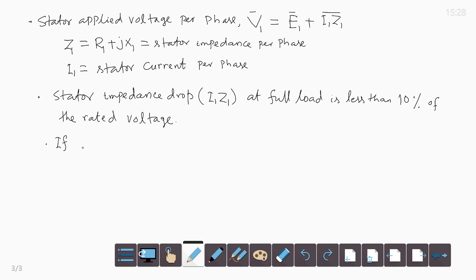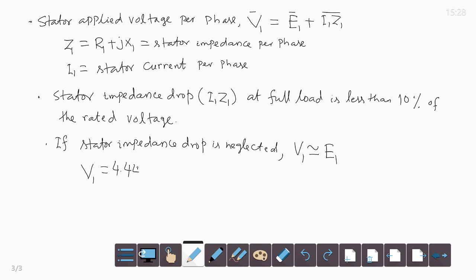So, if stator impedance drop is neglected, then V1 is nearly equal to E1, approximately equal. And E1 is 4.44 f phi T phase 1 into KW1, nearly equal to.